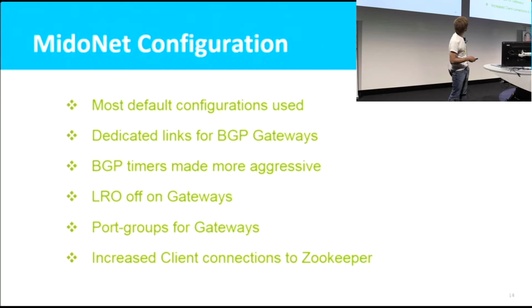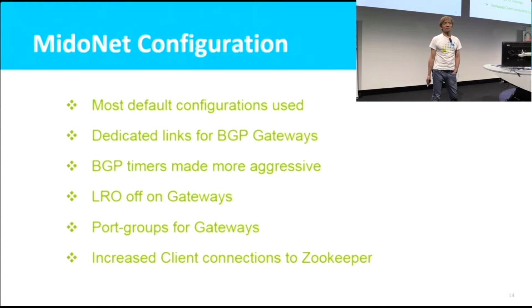Configurations were mostly default. But we needed some dedicated links for BGP gateways. I forgot the number, but we did a lot of tuning using BGP timers. We figured out that the BGP timers needed to be shortened for quicker failovers when a link fails.